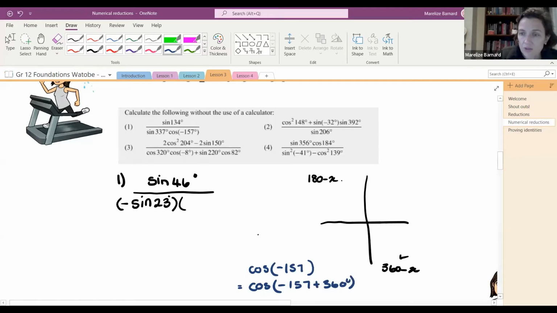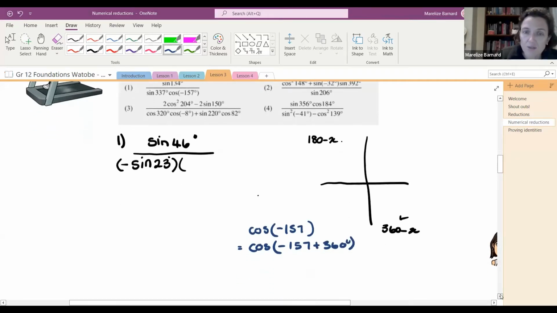The reason we do that is because it is going to make that angle positive, and you're not doing anything wrong because you are just basically adding a revolution by adding 360. So you get cos 203.